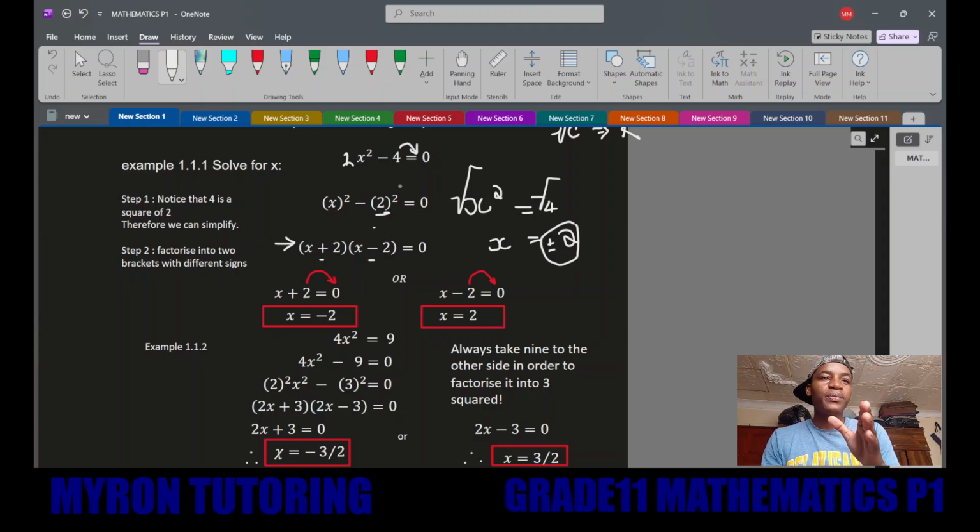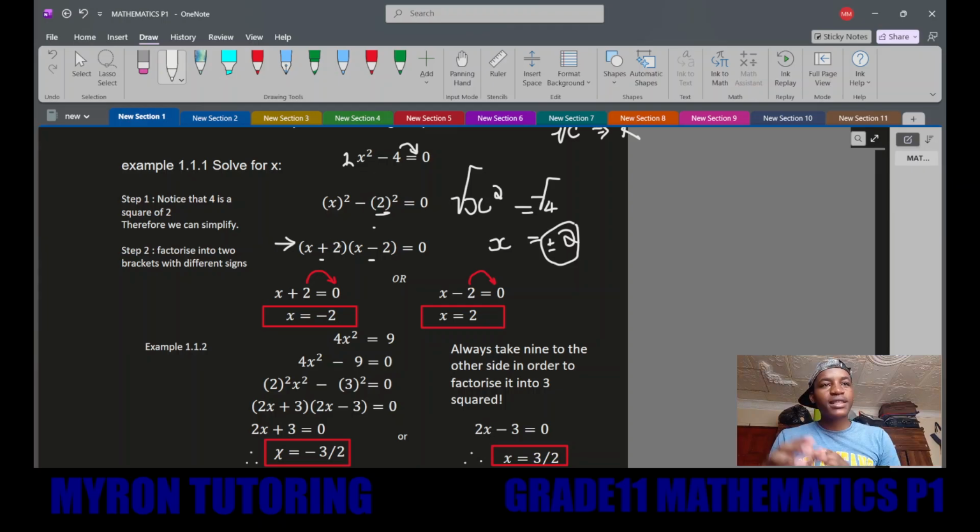So in order to go from x squared minus 4 to two brackets, you needed to find that 2, the number which is squared to get 4. That number which is being squared is the one that goes inside the brackets.